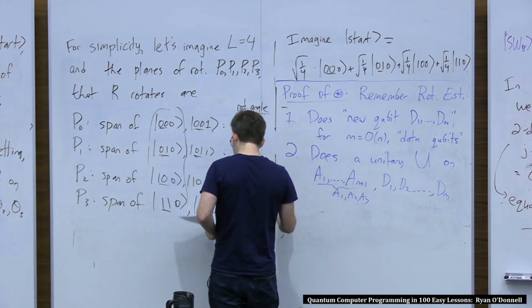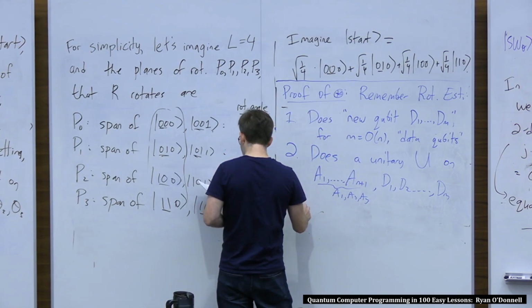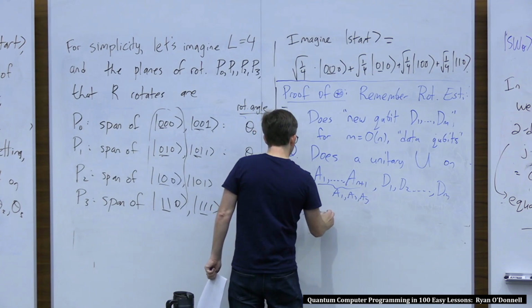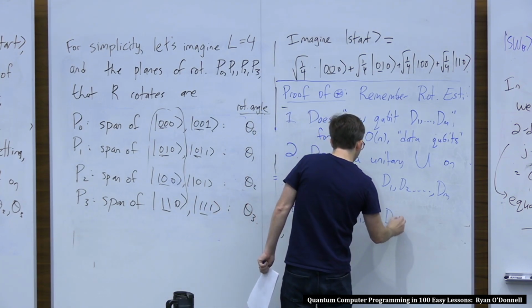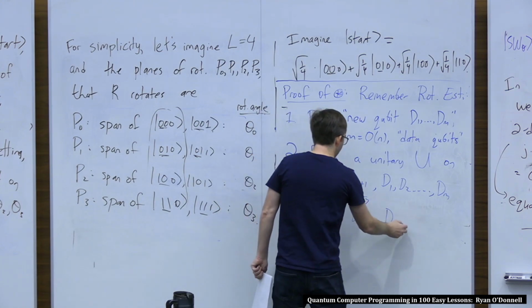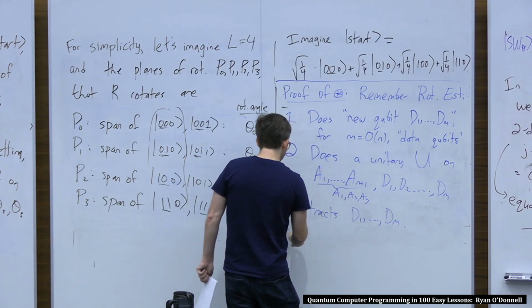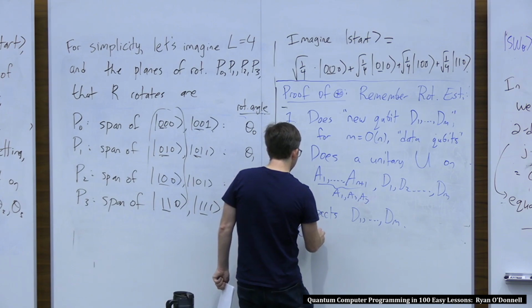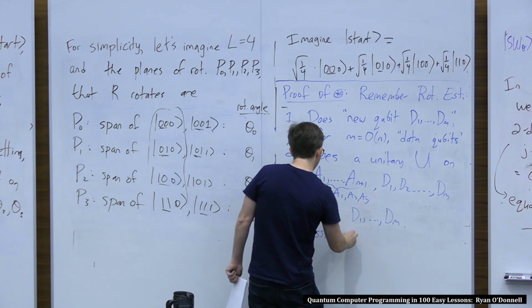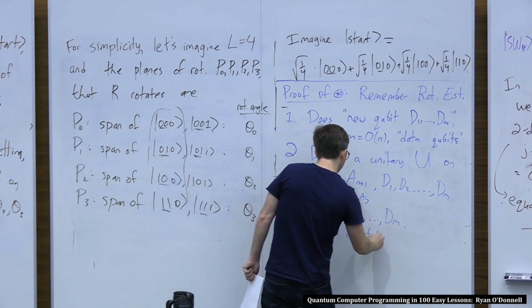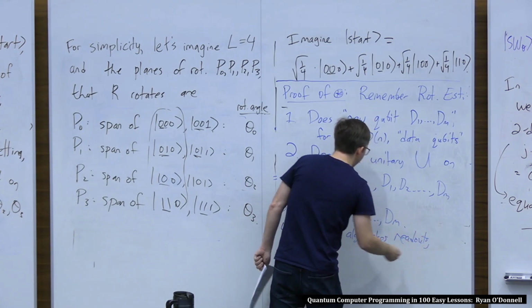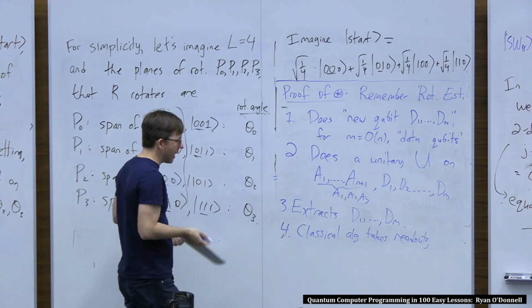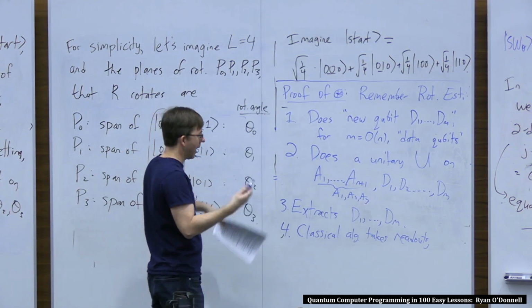And then now it can finally extract. So it extracts the data qubits, gets all the results, and then some classical algorithm takes the results and processes them, figures out all the estimates, puts them together and outputs the answer.